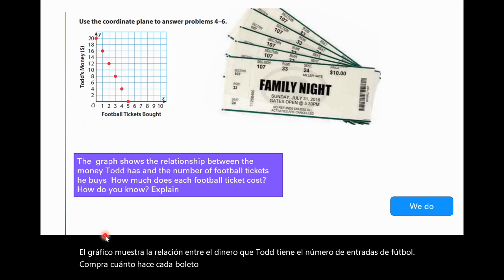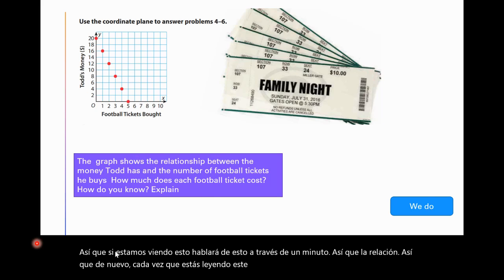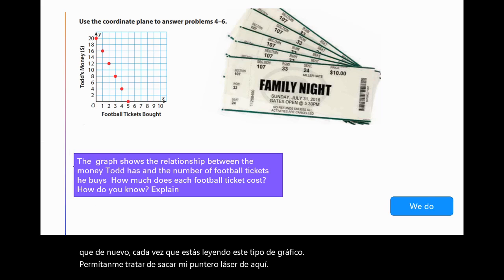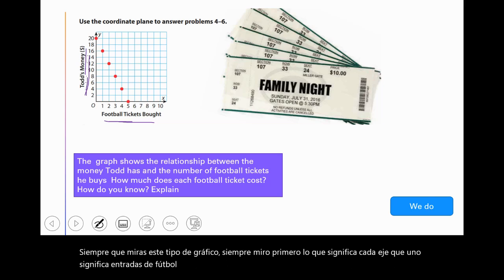Explain how you know. Whenever you're looking at this kind of graph, I always look first at what each axis means. One axis means football tickets, and the other means how much money Todd has in his pocket.